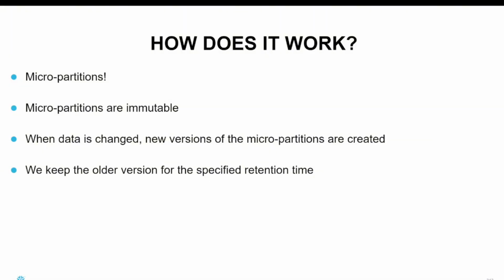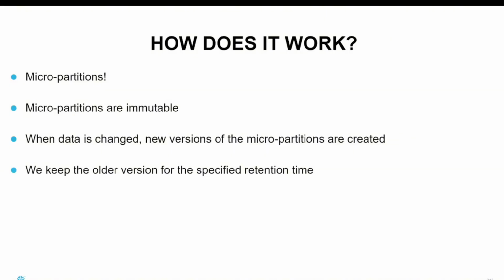Let's say you have an ID1 sitting in micro partition P1, and that ID has the name ABC. Now, if you update the name of that ID from ABC to XYZ, Snowflake is not going to update the same partition where you have ID 1 with the data ABC. It is going to create a new partition where you will have ID 1 and the name will be XYZ.